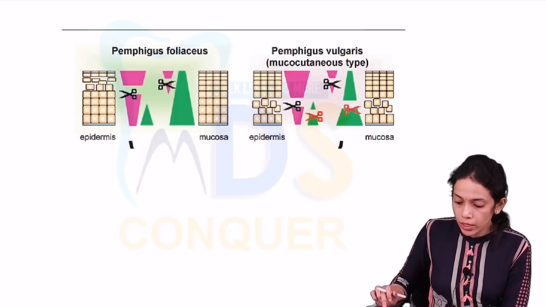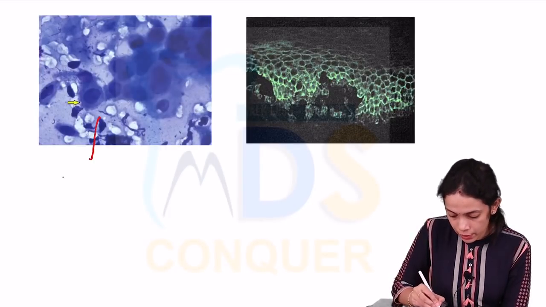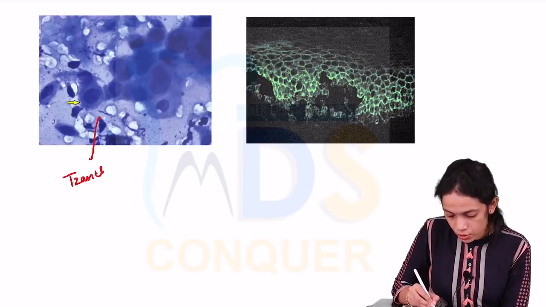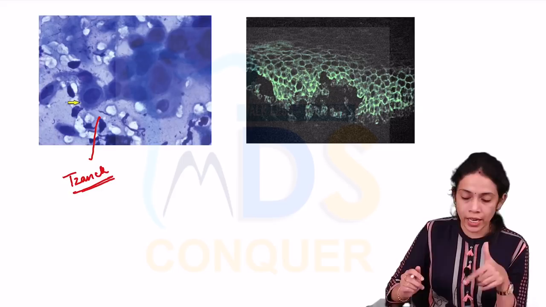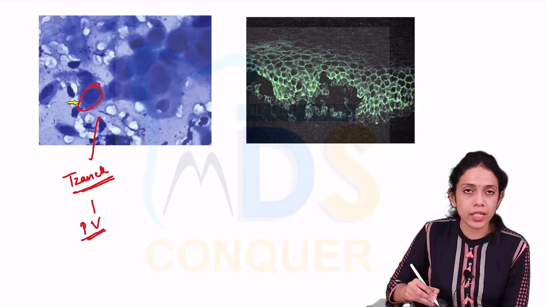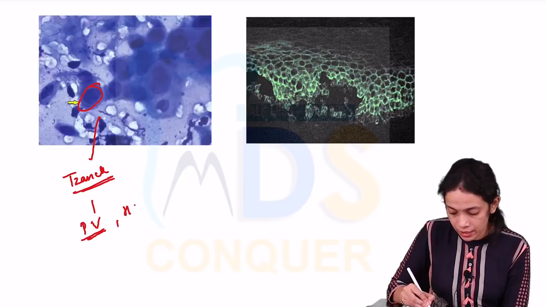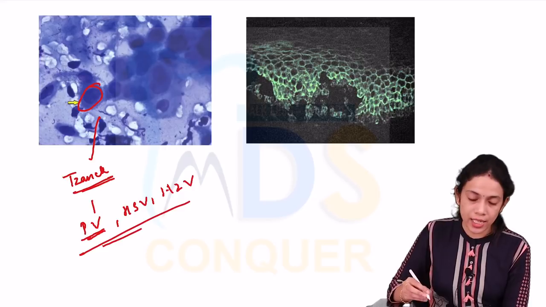Now let's see the histopath picture. This is the Tzanck cell, which is an acantholytic cell with hypertrophic nuclei and a perinuclear halo. That is a characteristic feature of pemphigus vulgaris. Besides that, in herpes simplex and herpes zoster also we can find these Tzanck cells.